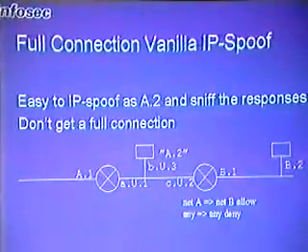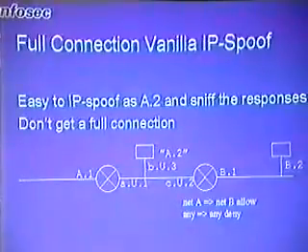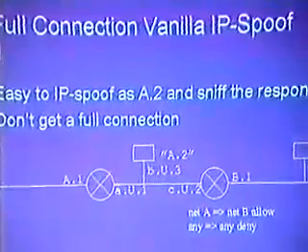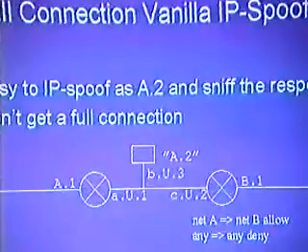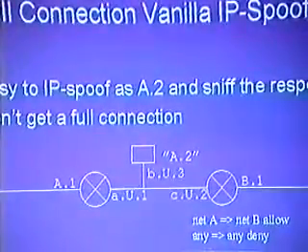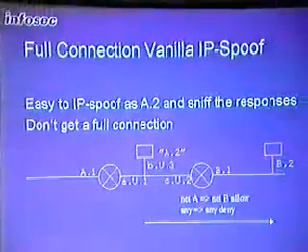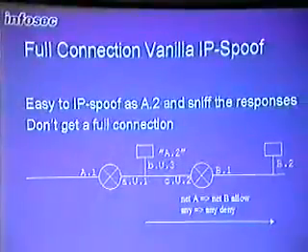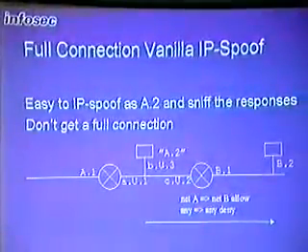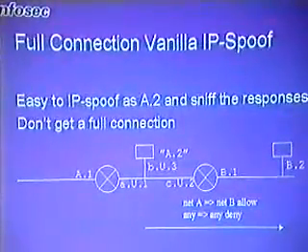Because if you just spoof the IP address, you craft a network package and send it to the destination, it will go through because I'm A.2, it says in the network package. It will pass the firewall filtering router.